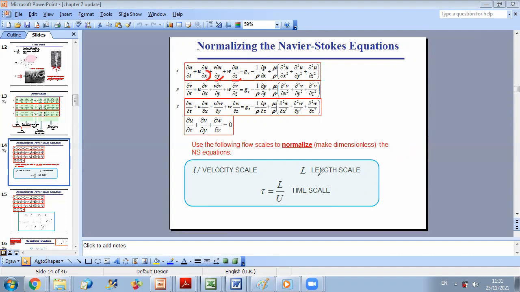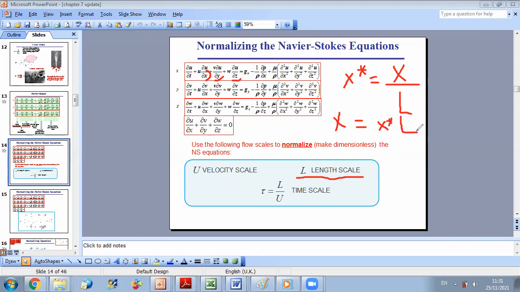So we can define for any problem a certain length scale, and we can normalize all variables with unit in meter, or dimension of length, by L. So I can define a dimensionless parameter x star, which is equal to x over L. And then I can replace in my Navier-Stokes relation x by x star times L. Similarly, I replace y by y star times L and z by z star times L.